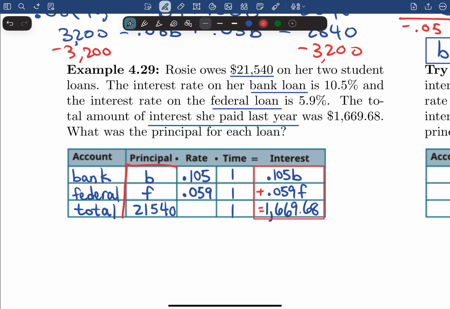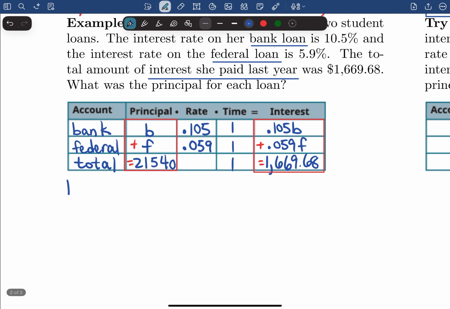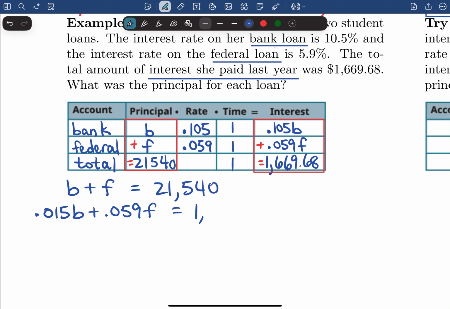Oh, and I also have this equation right here that I can add those pieces together and set it equal to the grand total. So I have found a system of equations from organizing this information. I have B plus F equals 21,540. That's my first equation. And I have 0.105 times B plus 0.059 times F equals $1,669.68. That's my second equation. Here's my system.